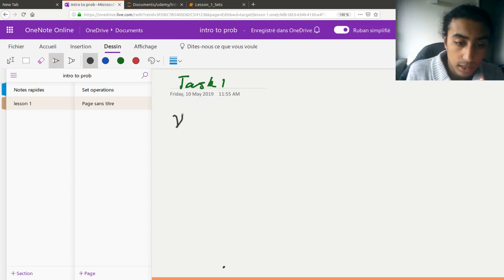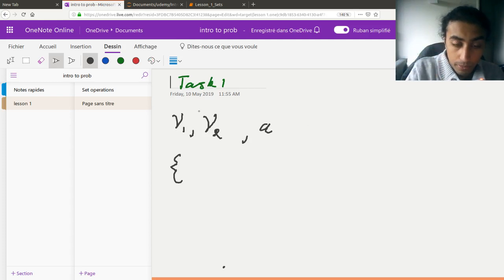So let's say volume 1 and volume 2 are the dictionaries, and the other book is going to be called A. And then you want to find the ways you can arrange these books, so swapping the order of them.